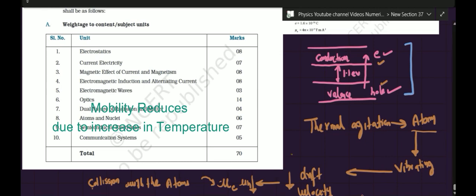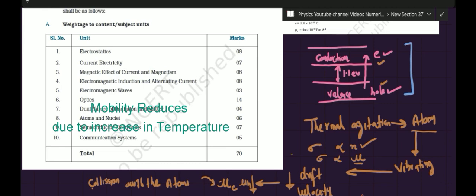If you see the formula of conductivity of a semiconductor, it is proportional to charge density. It is also proportional to the mobility. But as you can notice, the charge density is increasing because of the increase in temperature, but the mobility goes down because of the collisions.